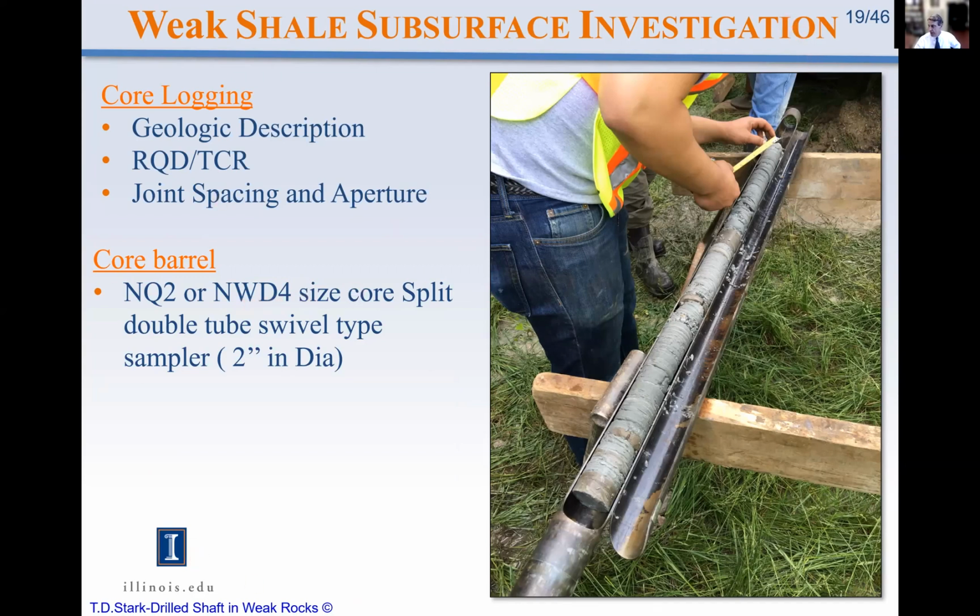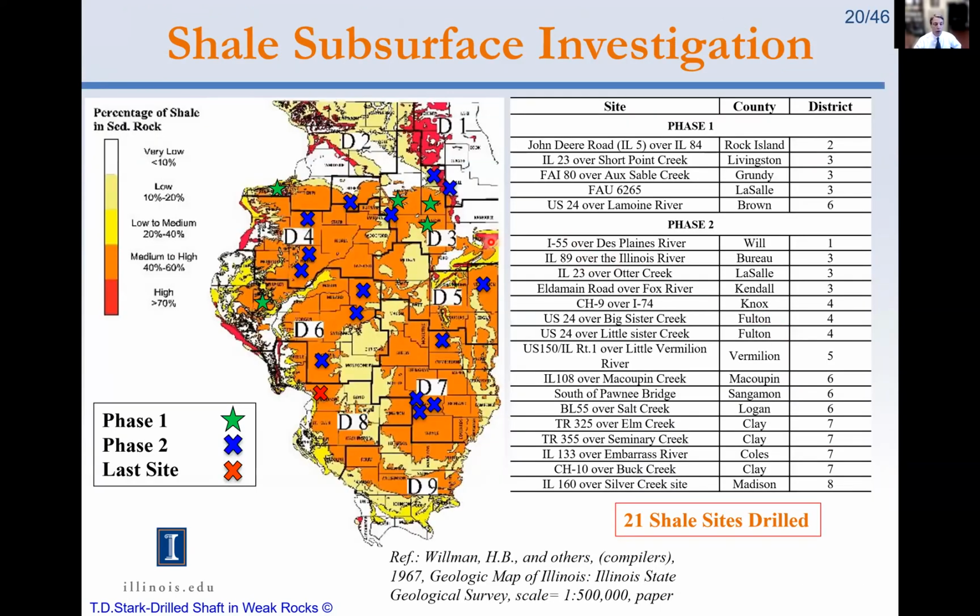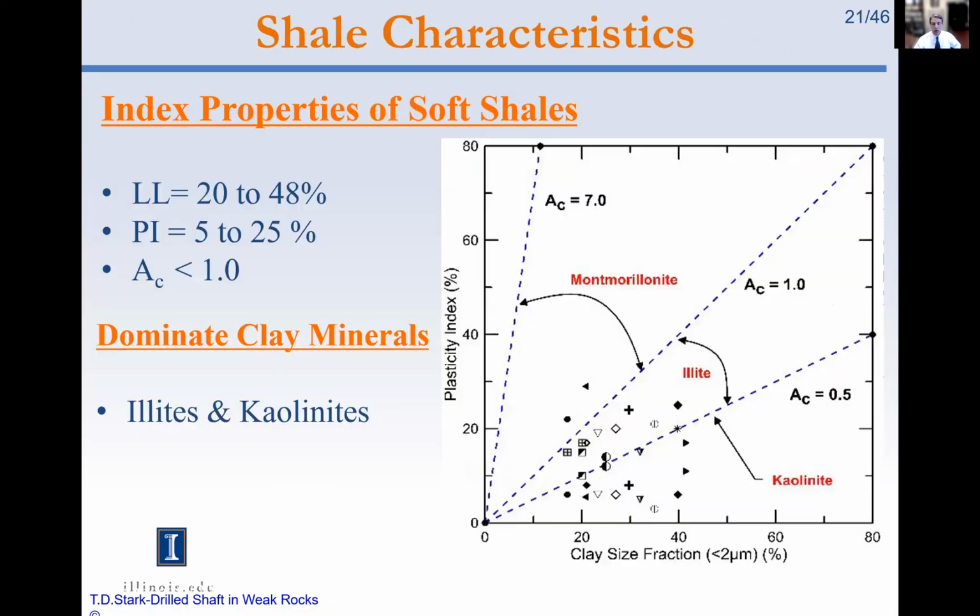Okay. So we tested 21 sites here. The X's and green stars and red X here give you a distribution of the state of Illinois. There are the different sites, and those 21 sites were used to develop the correlations that you'll see in just a minute.